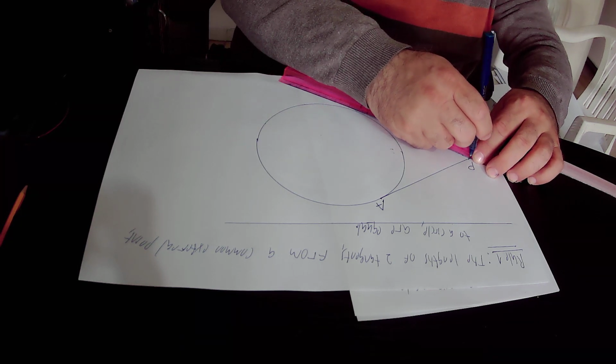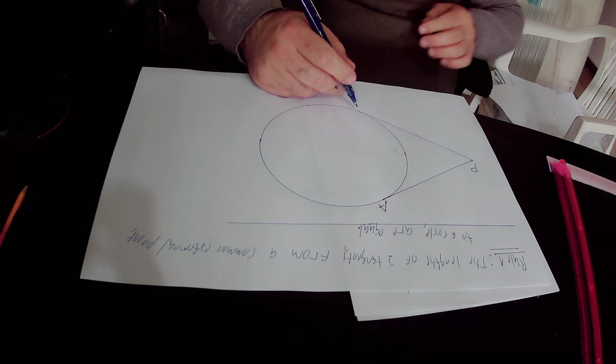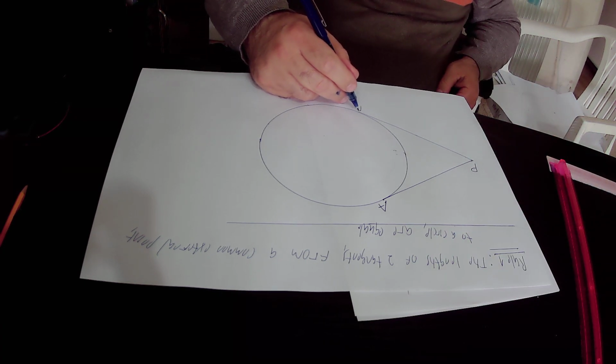We define the point of tangency of the second tangent with this circle as point B.